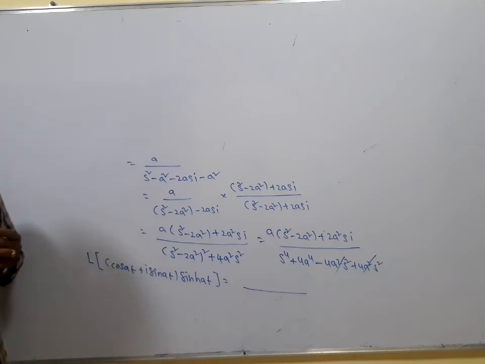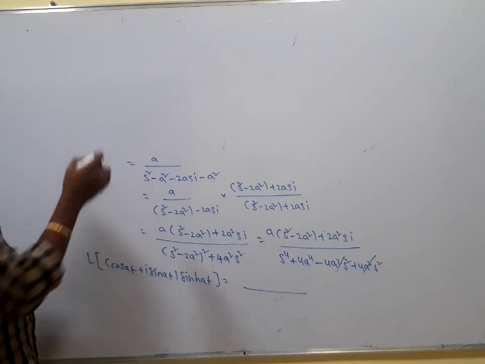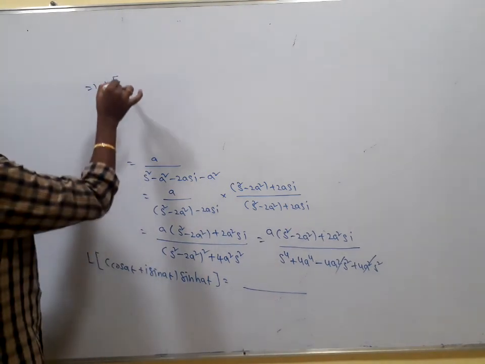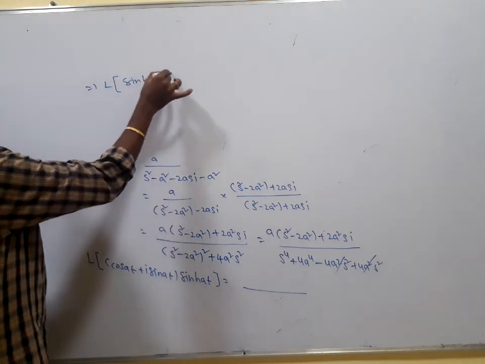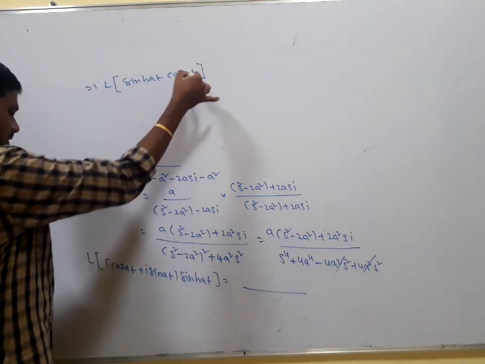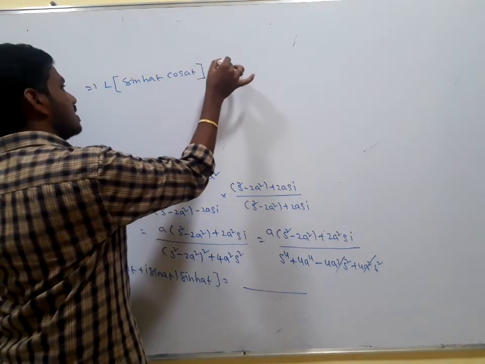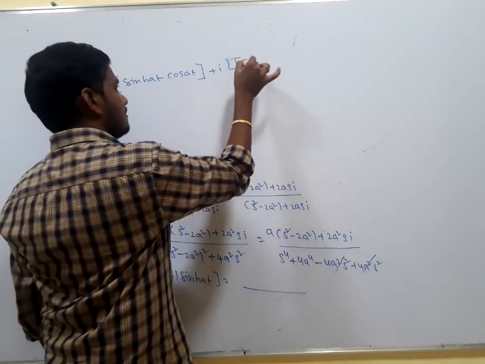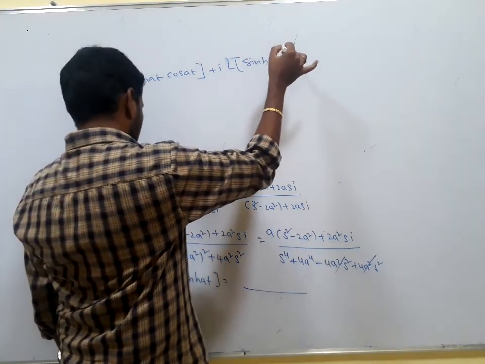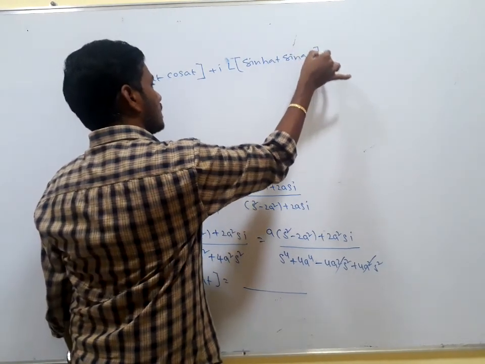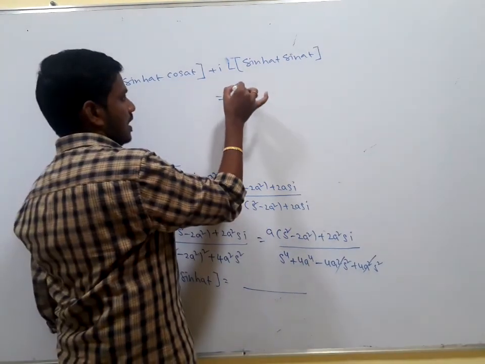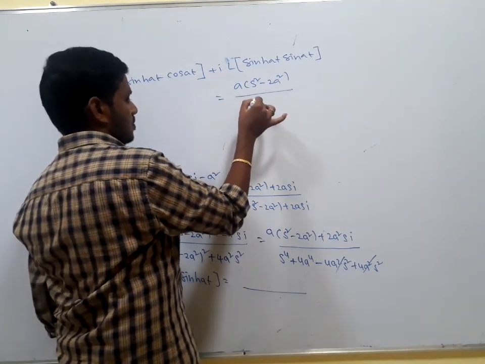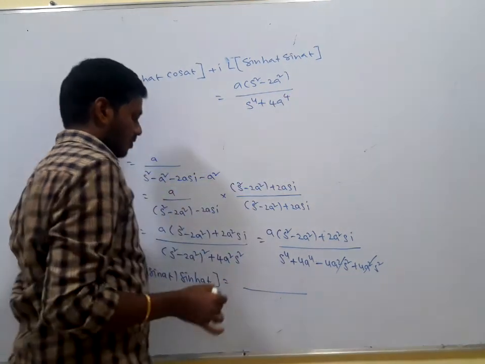So on the LHS, I am trying to write the imaginary portions, by using the linear property also, that implies Laplace transform of sin hat into cos at plus I into Laplace transform of sin hat into sin at is equal to a into s square minus 2a square divided by s to the power of 4 plus 4a to the power of 4.